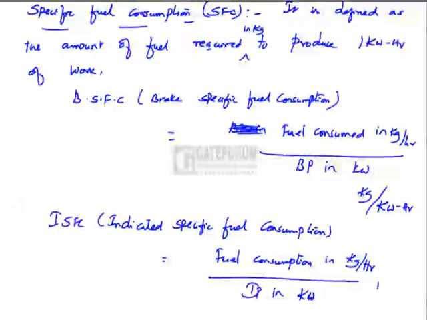The resultant units will be kg per kilowatt hour. Because the denominator is larger in ISFC, ISFC will be lesser than BSFC. The numerator is the same in both formulas, but the indicated power in the ISFC formula is more than the brake power in the BSFC formula. Therefore, ISFC shall be lesser than BSFC.